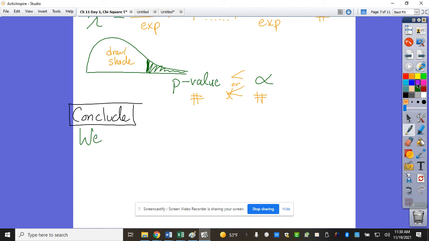Reject or fail to reject? What is it that we reject or fail to reject? So I'm just going to put that because whether it's independence or homogeneity is very different. So I'm just saying, hey, write your null hypothesis here.